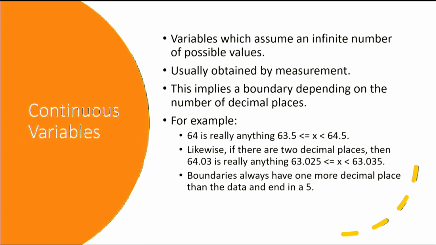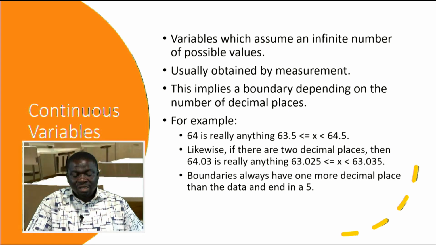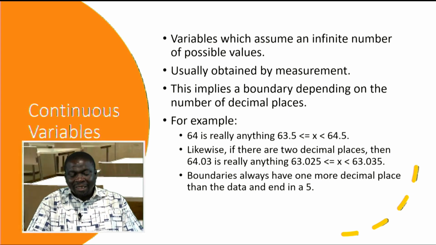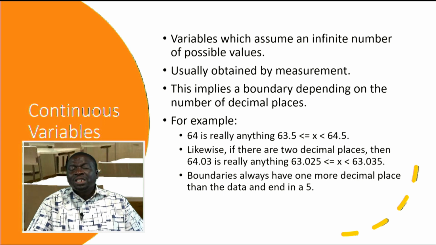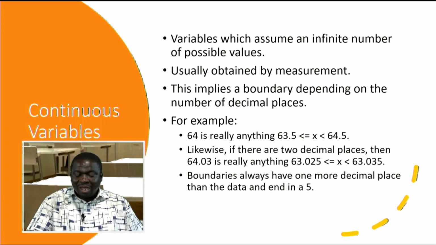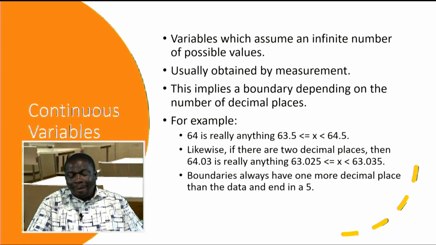We also have continuous variables. Continuous variables are variables which assume an infinite number of possible values, usually obtained by measurements. This implies a boundary depending on the number of decimal places. For example, 64 is really anything between 63.5 and 64.49.